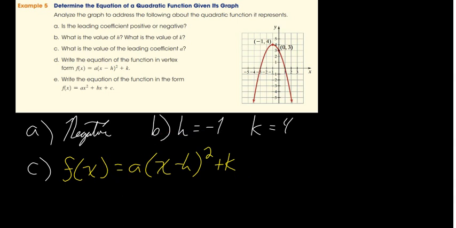Looking at this equation, we have 1, 2, 3 unknowns. That's not true yet. Let's plug those values in real fast. a, and then h was negative 1, so it's going to be x minus a negative 1, so it's going to be x plus 1 squared, and then plus 4.